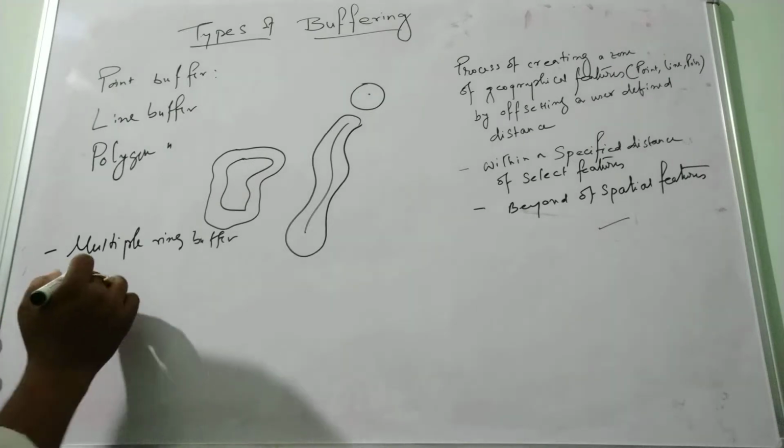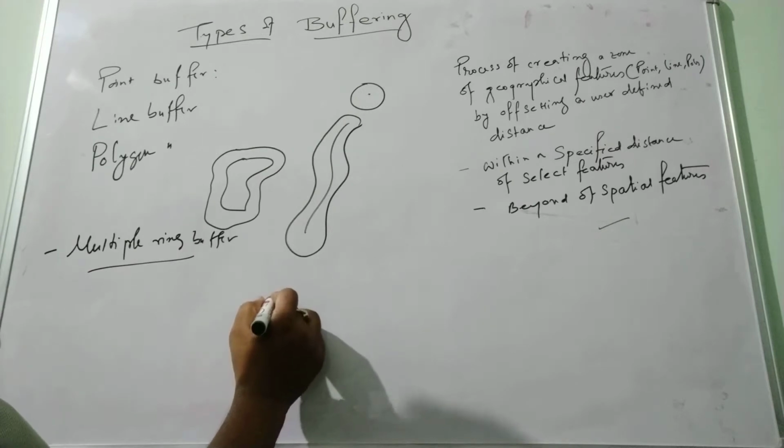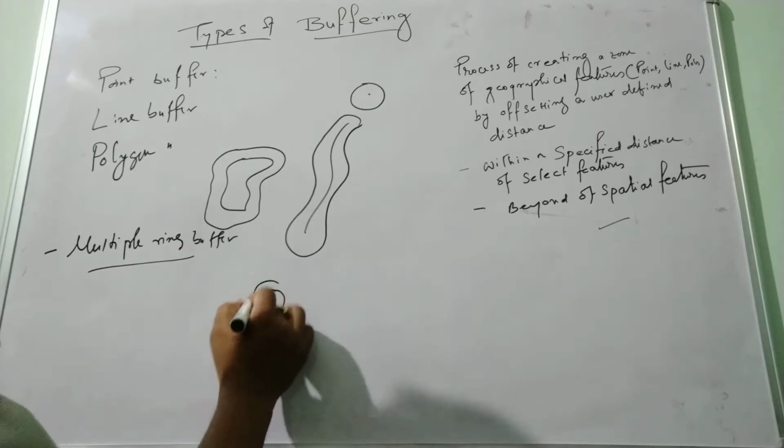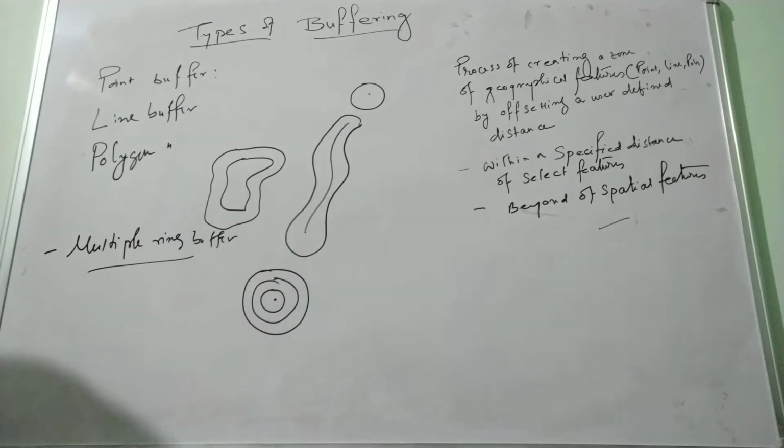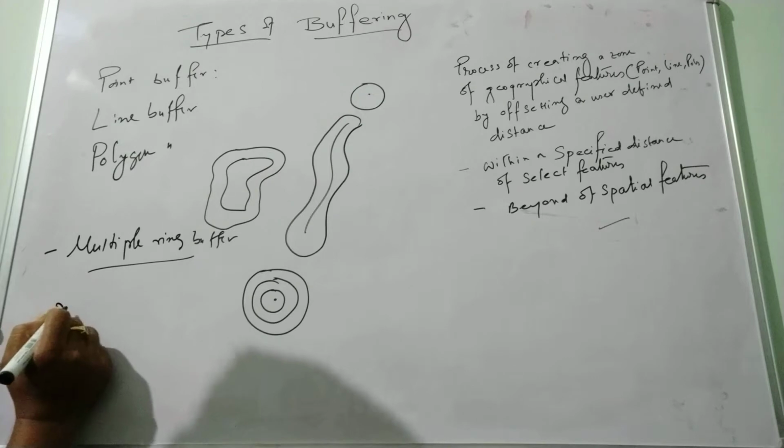Suppose these are point features. There are multiple rings of buffer, that is, multiple concentric regions of a specified width around the points or lines or polygon features. Then it is known as the multiple ring buffer.